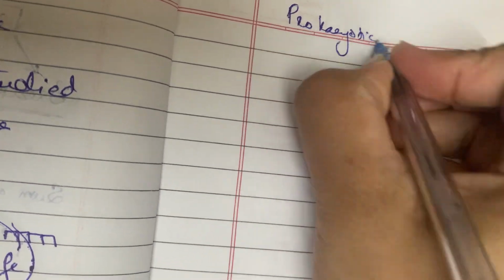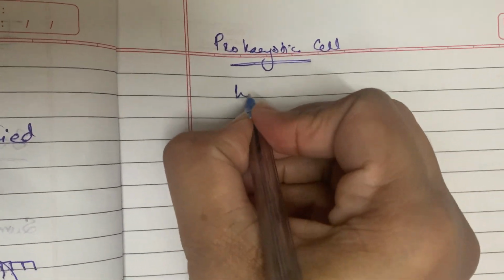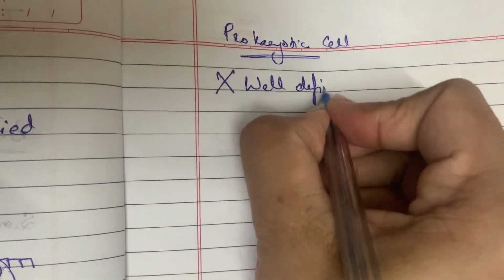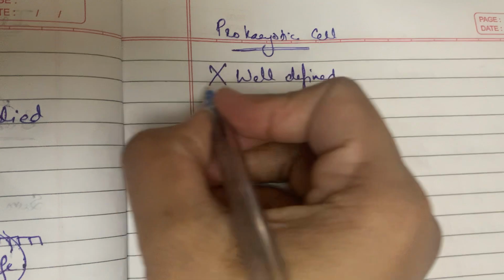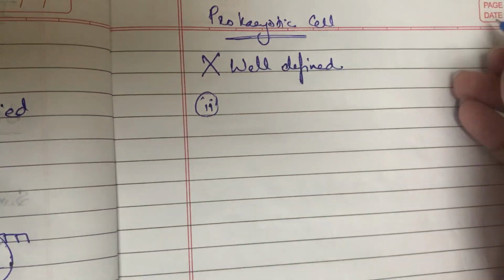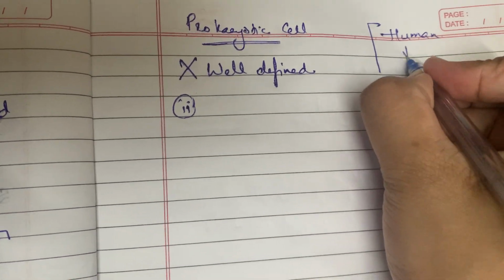If I take into consideration the structure of the prokaryotic cell, it is not very well defined. That means it does not have many organelles. As a human, if you consider what is inside a human body, there are organs present.